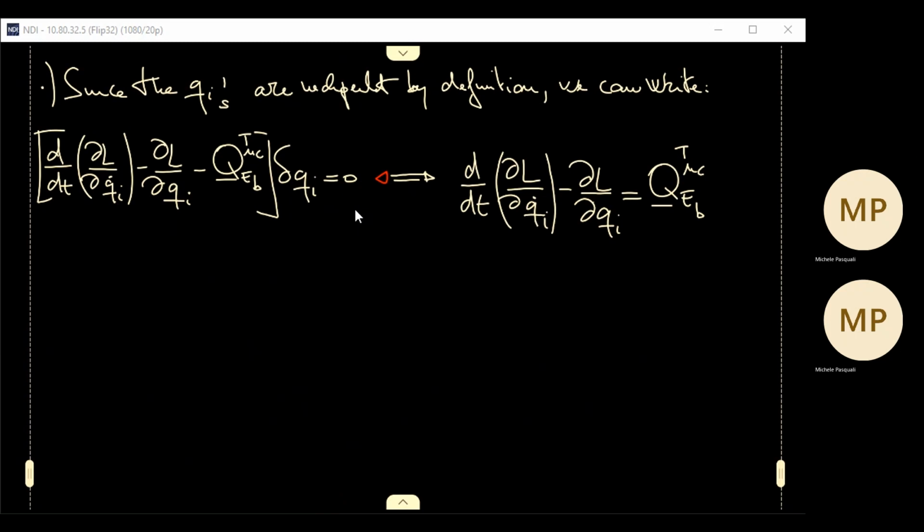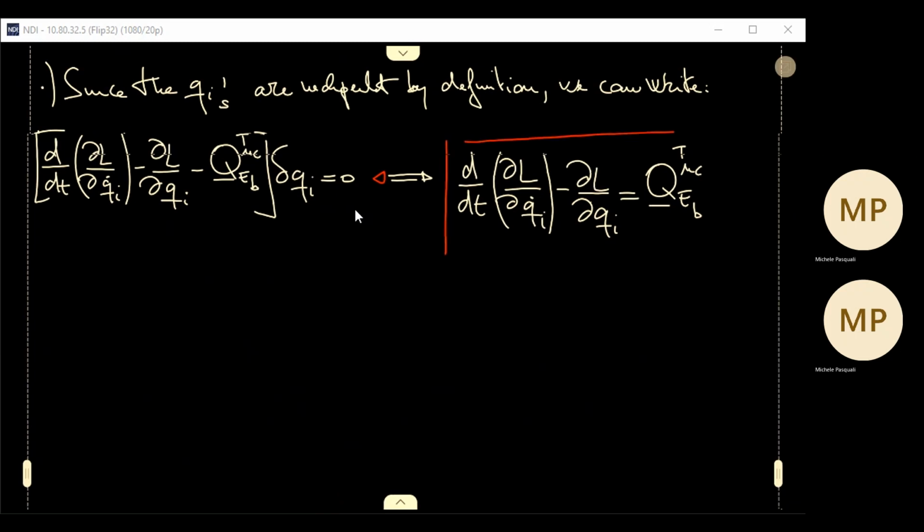If you remember, it's formally very similar, but in this case, it is only written in terms of the independent ones, because we have embedded inside the equation of the dynamics of the system the constraint equations. Okay? And that's why it's called embedded formulation.